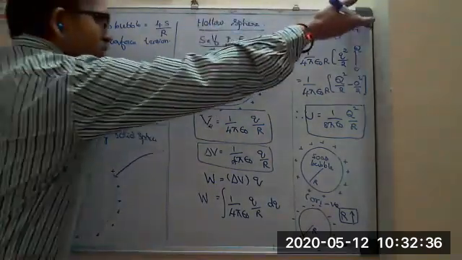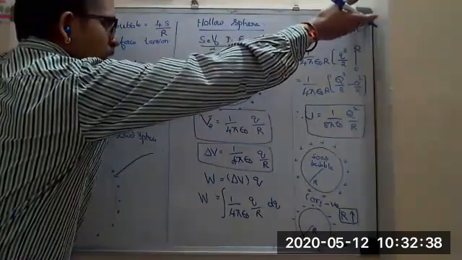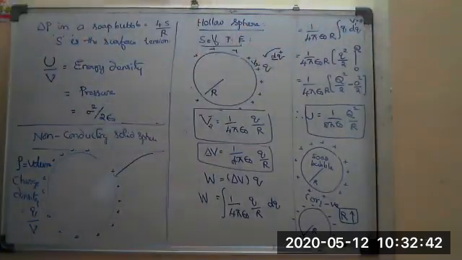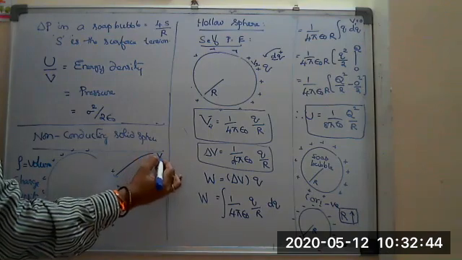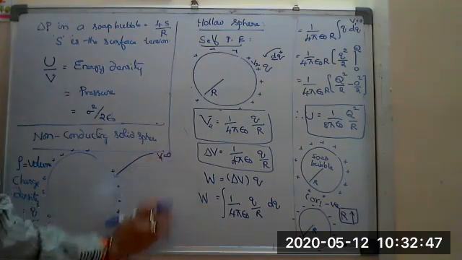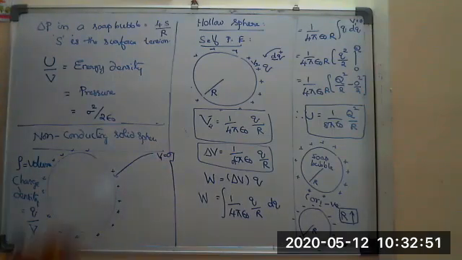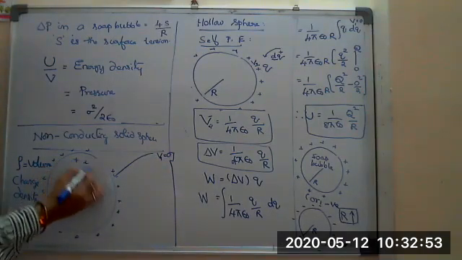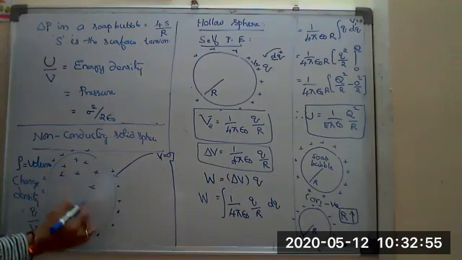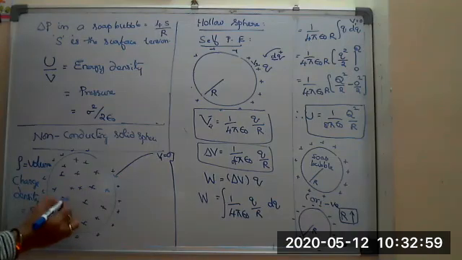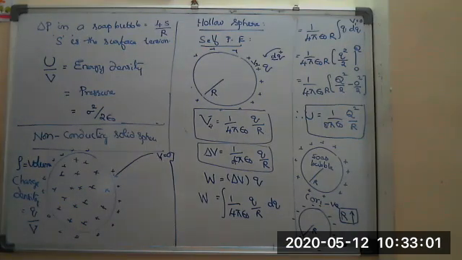The initial point is always fixed, because in all cases we bring the charge from infinity to this point. So always V1 equals 0. There is no doubt. So we have to take V2. The problem is that the charge is distributing into its volume inside also. That is the disadvantage.